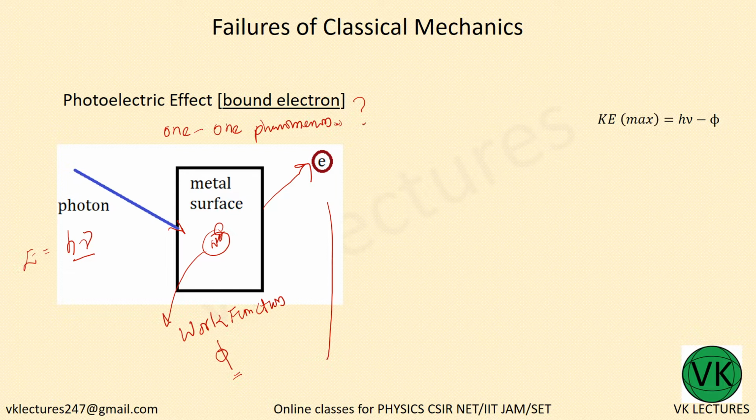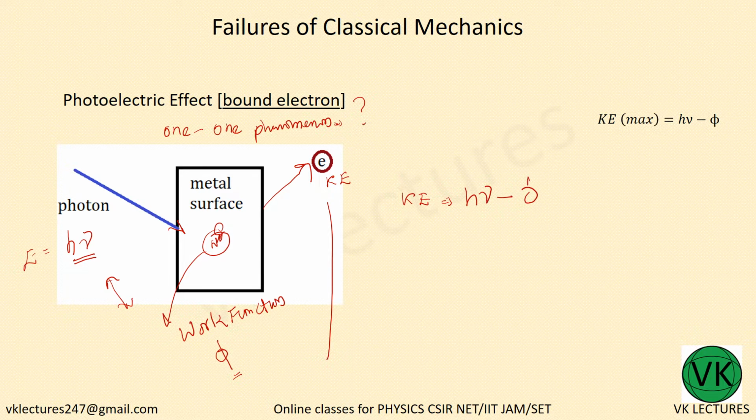Now here you have seen there is a photon of energy h nu, and there is an electron which is bound to the nucleus by a work function phi. Now this electron is being ejected. What will be the kinetic energy of this electron? The kinetic energy of this electron is equal to the energy difference between the energy of the photon and the work function, right? This h nu minus phi.